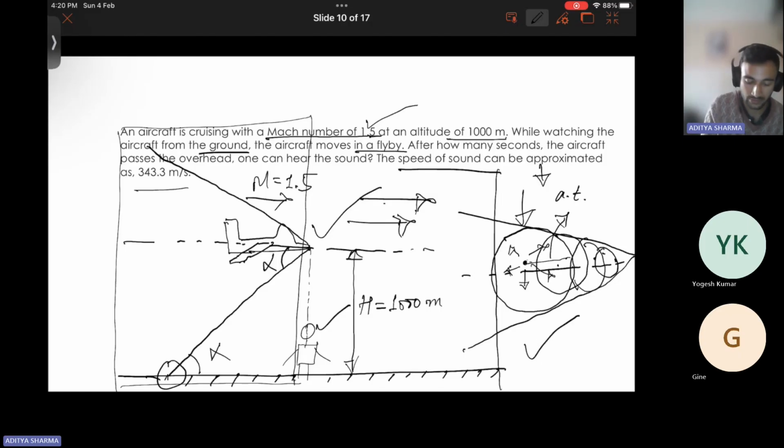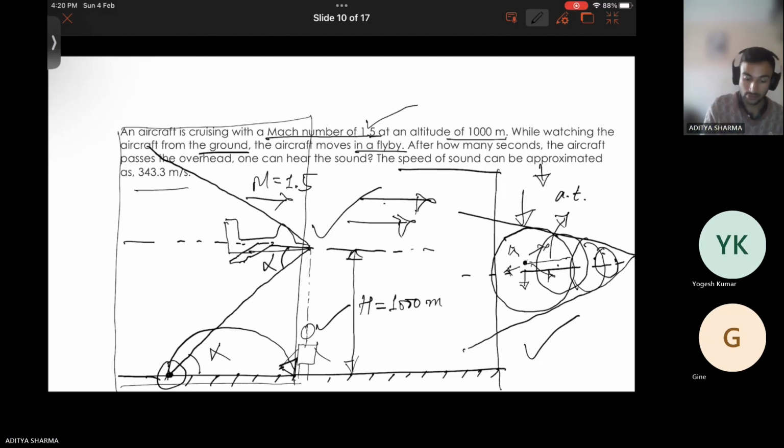There will be a point when this particular point will reach here. At that time, we will listen to the first sound related to this aircraft.